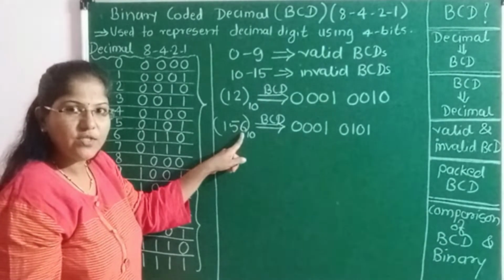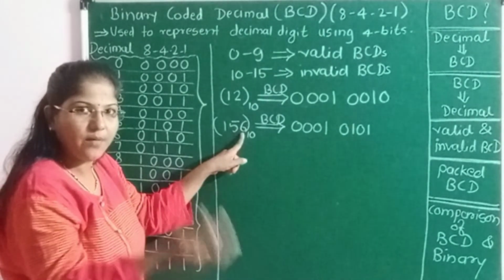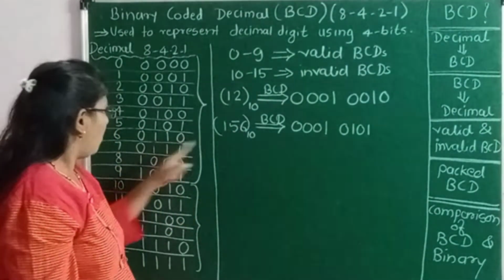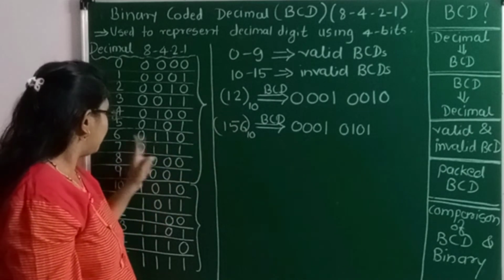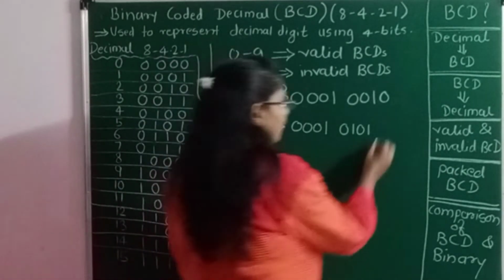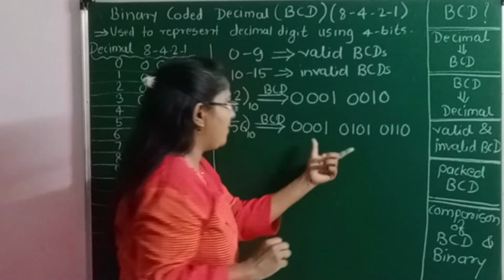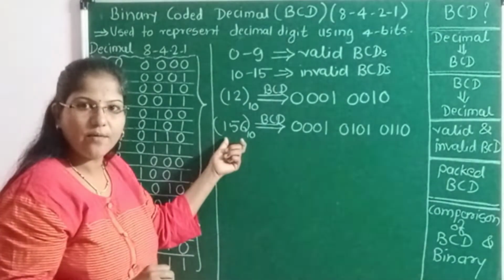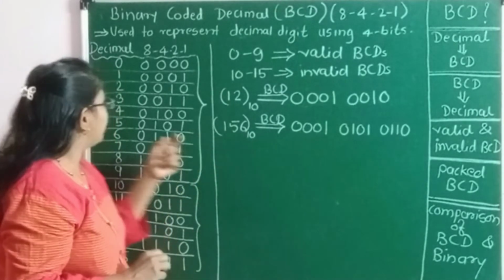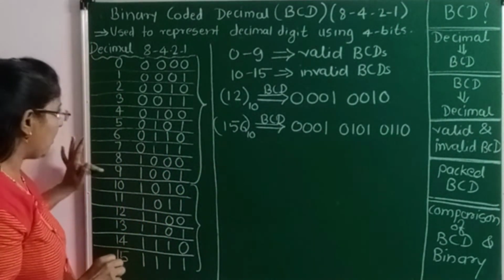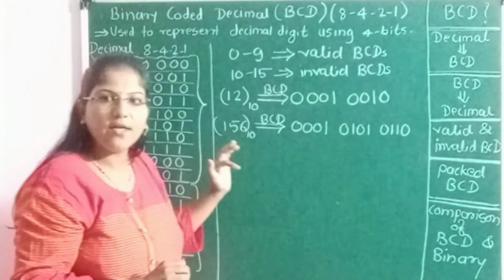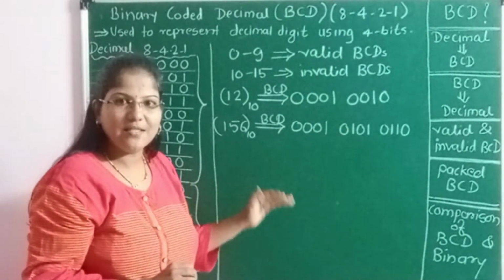How to represent 6 using 4 bits, or the BCD equivalent of 6? 0110. Okay. So this is the BCD for the given decimal number. So if you know the BCD for the digits 0 to 9, then you can write the BCD equivalent for any given decimal number.